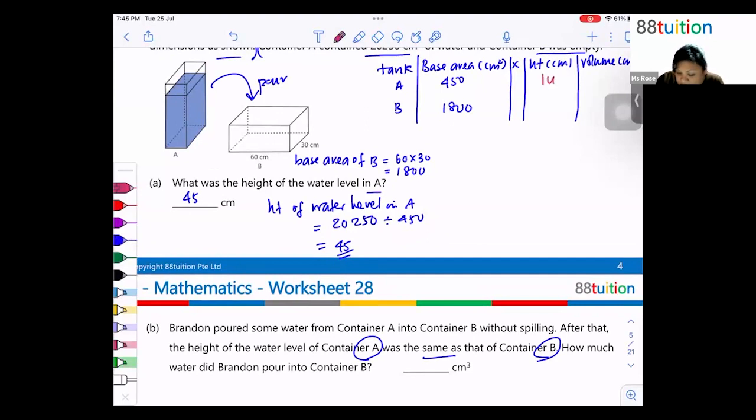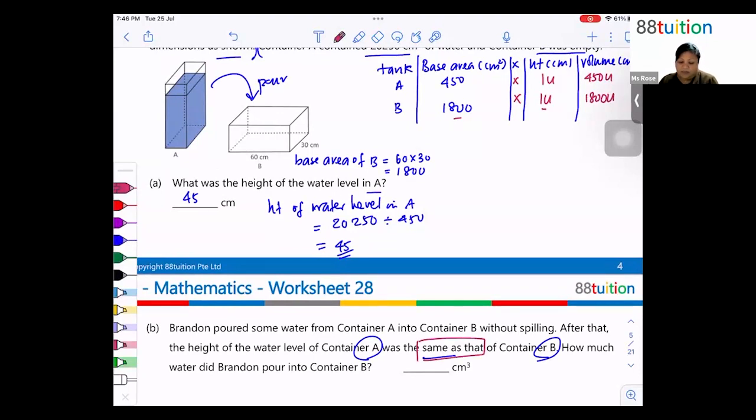Since it is the same, I'm going to label it as 1 unit. If I multiply base times height, I will get 450 units for A. Base times height will give me 1,800 units for B, since they have the same height.